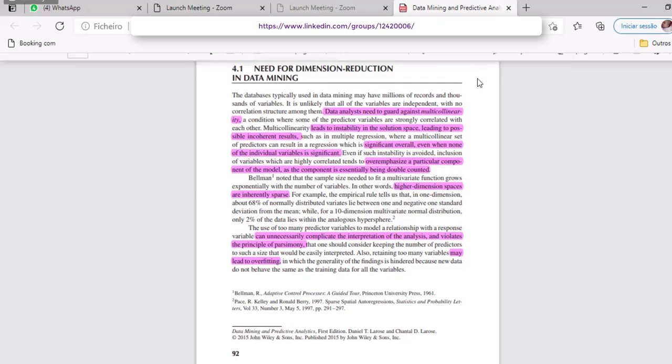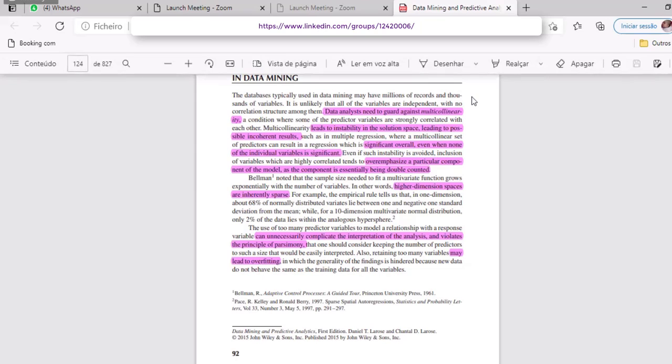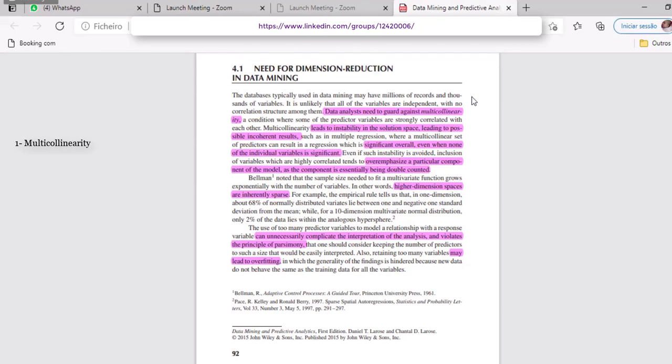One of them is multicollinearity, which is almost the same as the covariance of certain variables, and it can lead us to wrong results. For example, if we put correlated variables in the same model, certain predictors can appear as significant overall, even in the case that they are not significant by themselves.